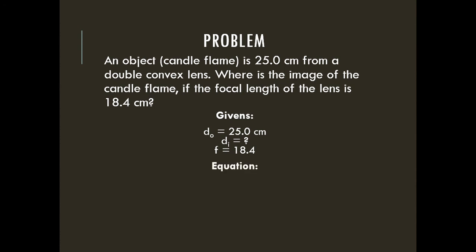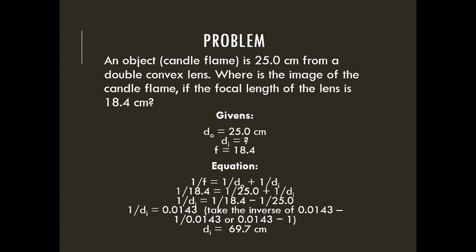Now we are going to use our equation, the one that I showed you before, and substitute some information. We can substitute the focal distance and the distance of the object. That's why we have 1 divided by 18.4 equals 1 divided by 25 plus 1 divided by the distance of the image, right?